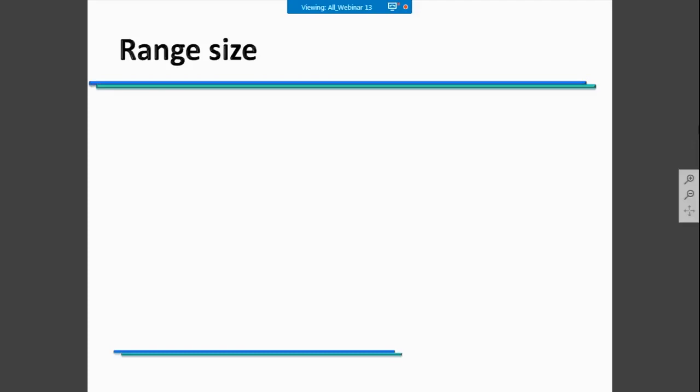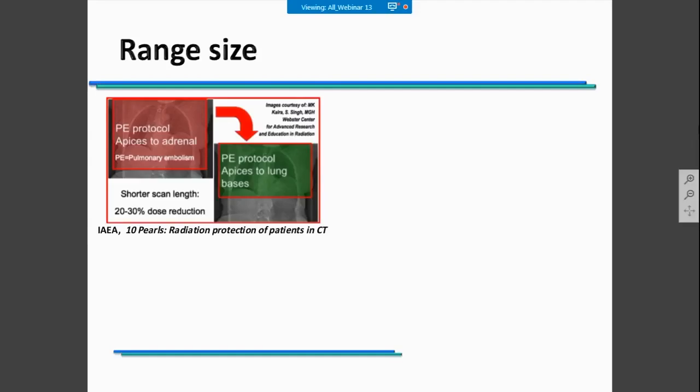About the range size: range size does not depend on the technology that you have in your CT scanner. The IAEA 10 pearls indicate that you should adequate the size of your range according to the clinical indication. For example, if you are performing a chest CT examination, you could have a dose reduction of 20 to 30% by adequating the size of the range.